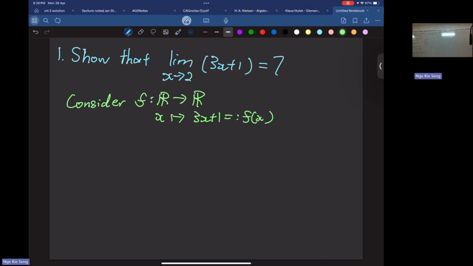You know how to sketch the graph of 3x plus 1 here? Find 2 points. How to find 2 points? When x is 0, what's the f(x) here? So f(0) gives you 1. So you have the point (0, 1) here.